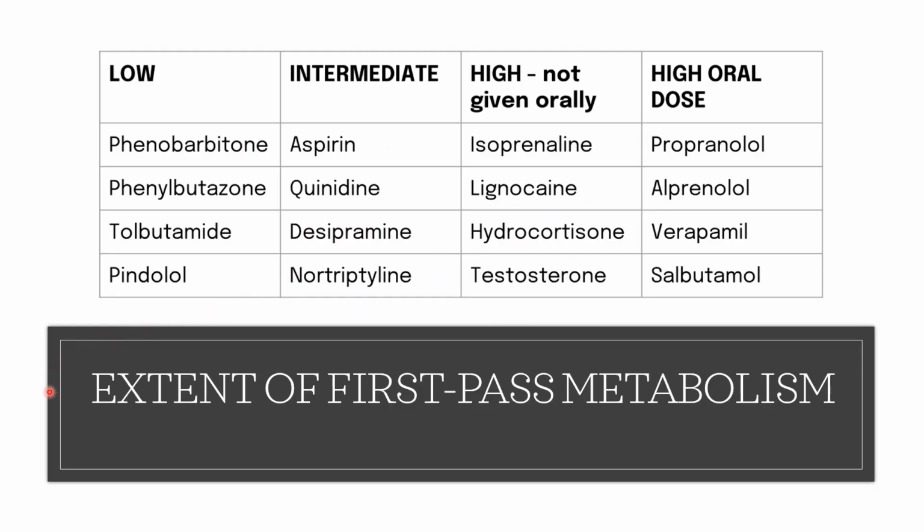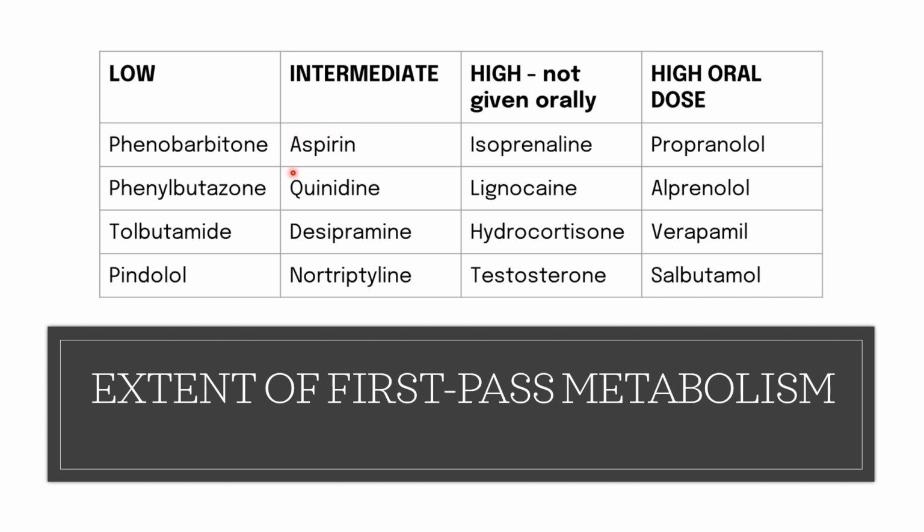We also have here different drugs. We classify different drugs according to their extent of first pass metabolism. Some drugs are extensively metabolized by the GI mucosa and the liver before they reach the systemic circulation. We have here those drugs having a low first pass metabolism. An example of this is phenylbutazone. We also have those drugs that have an intermediate first pass metabolism.